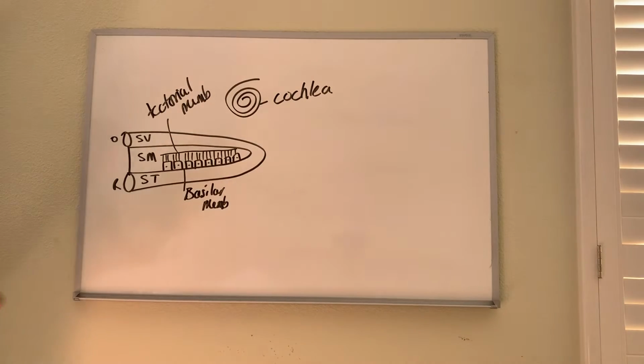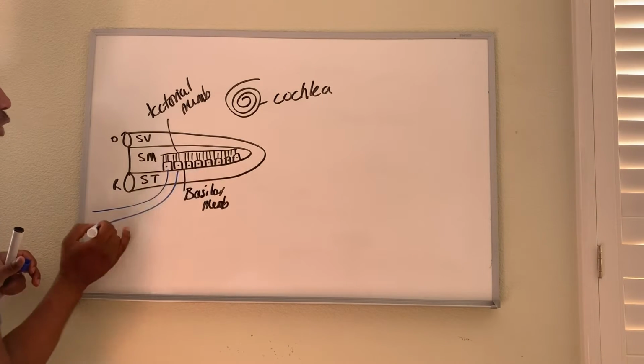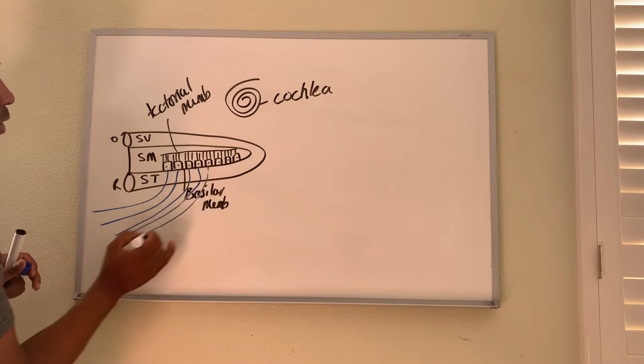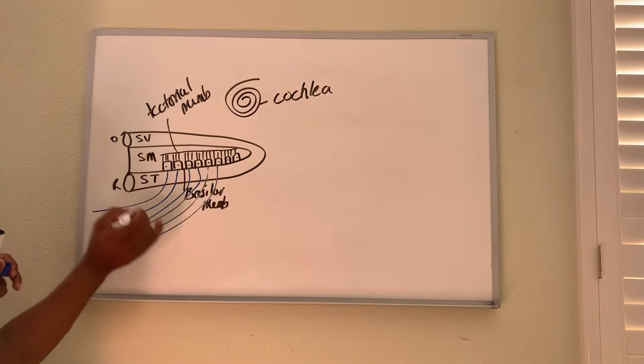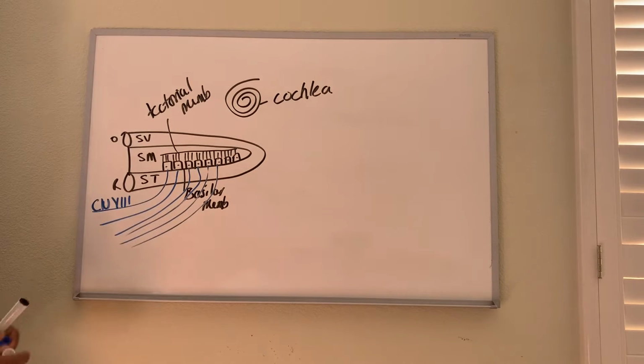These hair cells are linked to neurons. When they are activated, they eventually trigger action potentials in these neurons, which make up your cranial nerve number 8, your vestibulocochlear nerve.